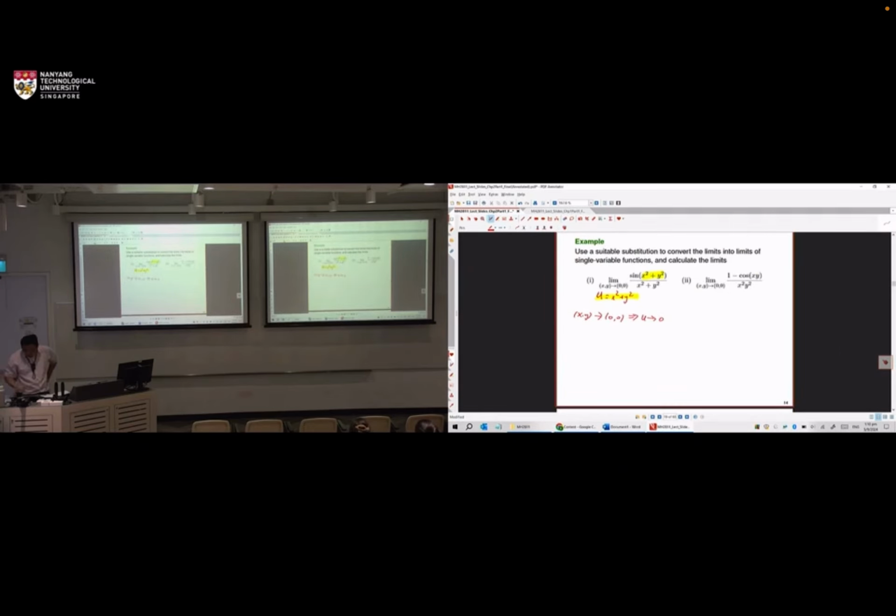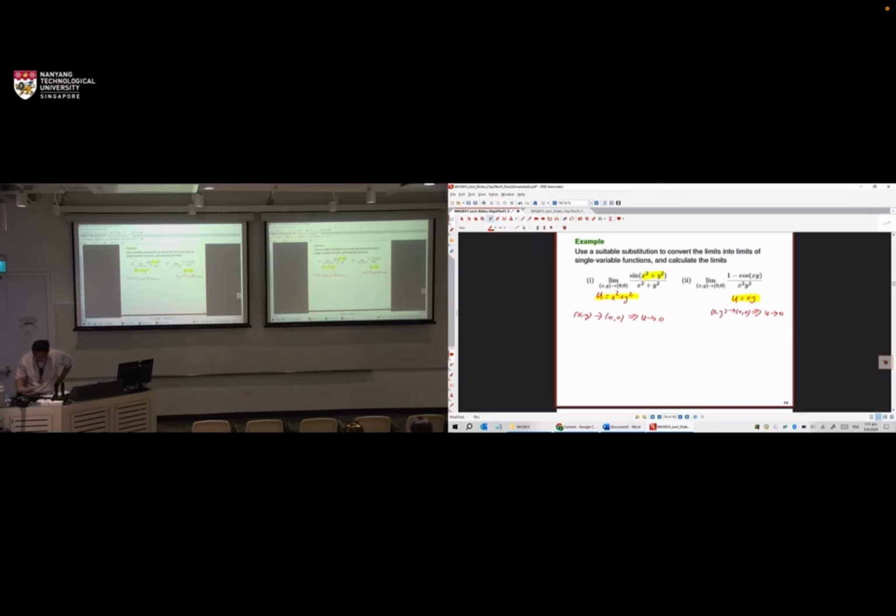We have the limit of 1 minus cosine xy over x squared plus y squared. So this time, the idea is to let u equal xy. As xy approaches 0, 0, that gives u approaching 0.